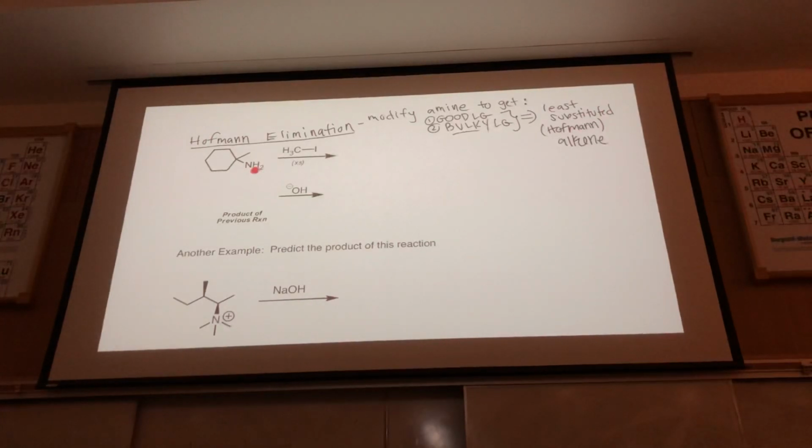Okay, so notice the difference. From 211, we had a leaving group to do an elimination. Amine is not a leaving group. So your first step is to turn it into a leaving group. The way you turn amines into a leaving group is similar to the way we've done it before, turning OH into a leaving group. We make water. What could we make with an amine? So if we make the hydronium with alcohol, with an amine we make ammonium.